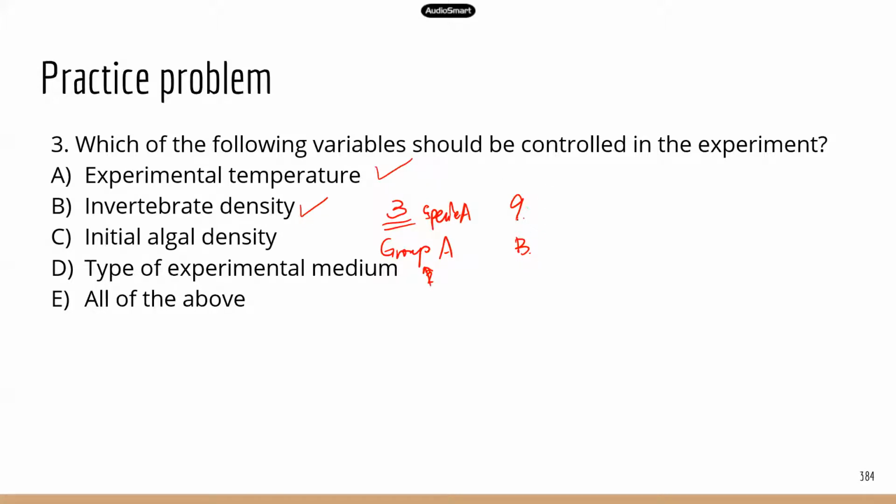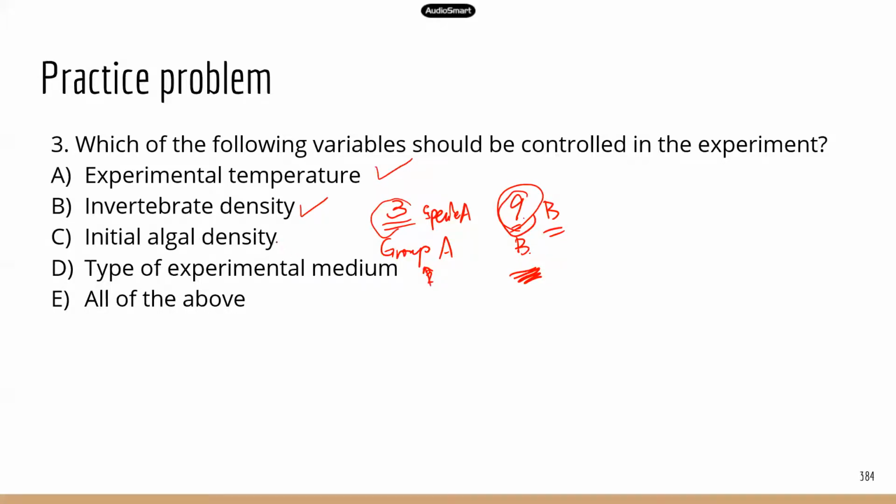And then in group B, you put in 9 individuals of species B. Now, if you see a greater reduction in algal density for species B, it could be because B is effective, right? Or it could be simply because you put in more individuals of species B in the beaker or whatever container you have. So of course, they're going to remove more algae, right? So you need to keep the invertebrate density the same across the different treatments.